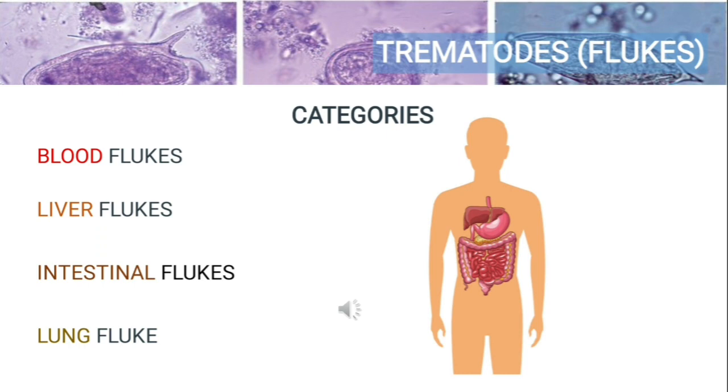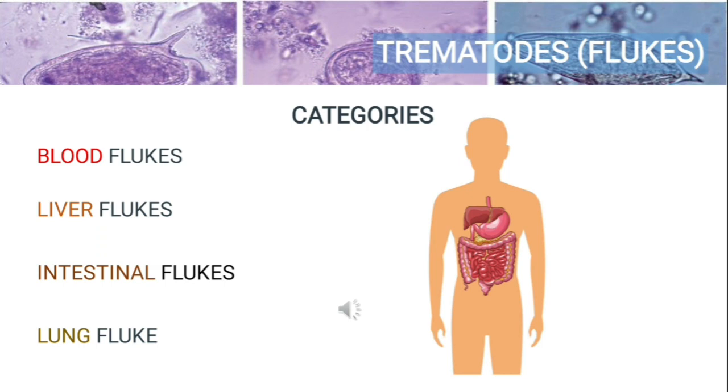For classification purposes, the flukes or trematodes may be divided into four categories based on the areas of the body that primarily harbor the parasites, which include the intestine, the liver, the lung, and the blood.